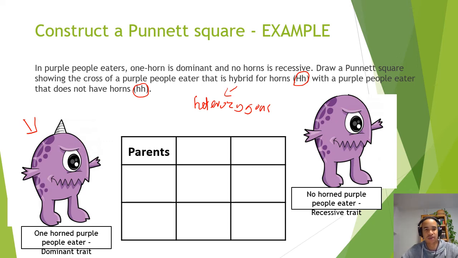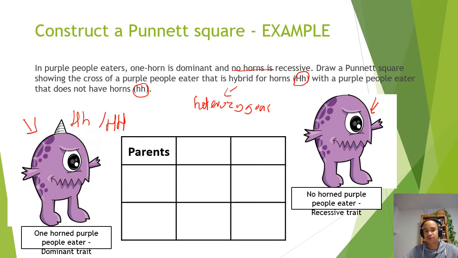So for example, we can tell that this one here, our homozygous recessive purple people eater, has to be homozygous recessive because it doesn't have any horns, and we know that not having horns is recessive. The other purple people eater, if we weren't given that genotype and we weren't told that it was heterozygous, it could have been heterozygous, HH, or it could have been homozygous dominant. Those are the possible genotypes.